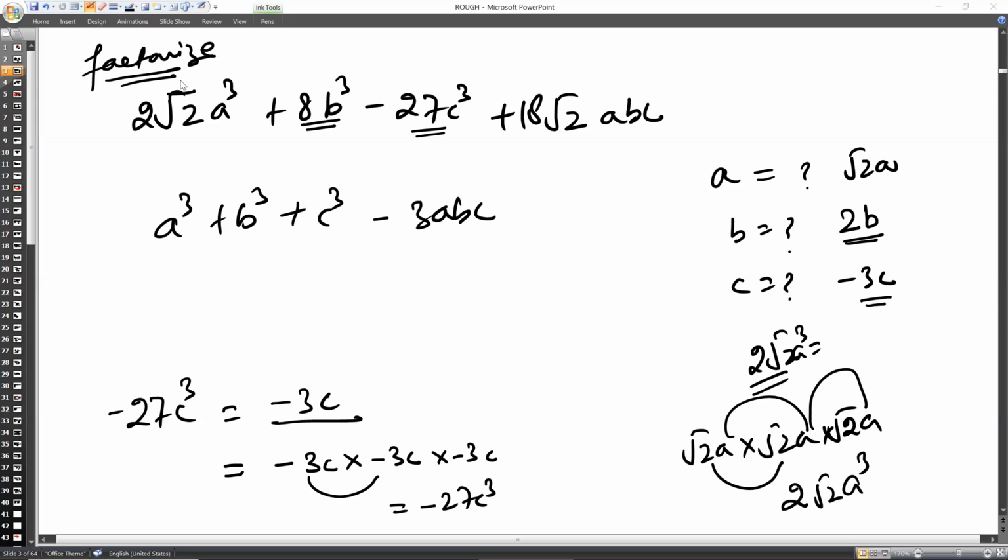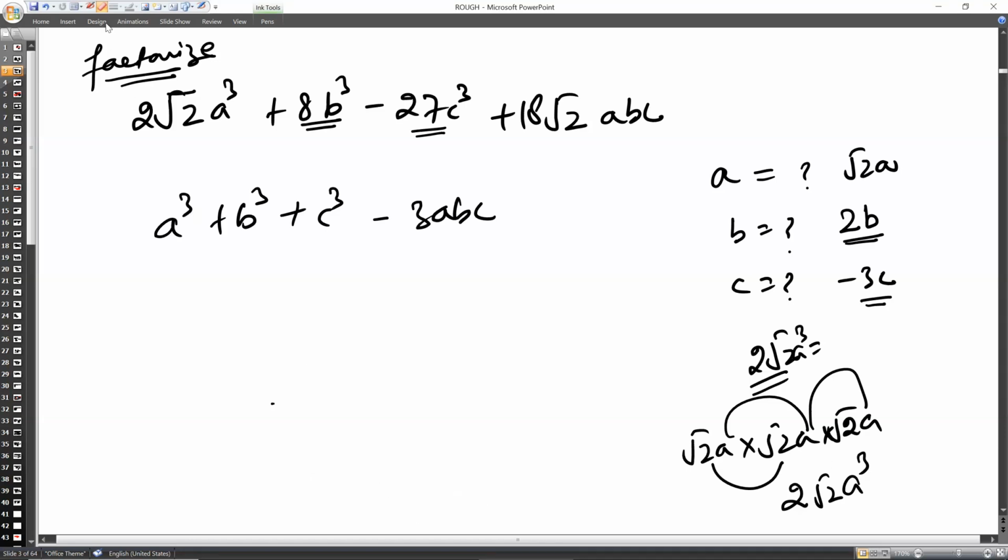Yes, Rima, tell me what's the identity? No. What is the identity of a cube plus b cube? You forgot all this? What is the identity of a cube plus b cube plus c cube minus 3abc?